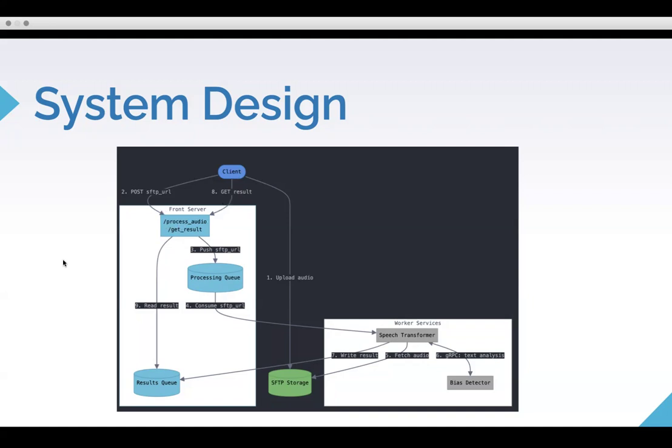Then the front server will publish the URL of the file to the processing queue. There are multiple transformer workers that are constantly watching the processing queue, and whenever a new task is published, they will consume the task and download the file from the SFTP server.